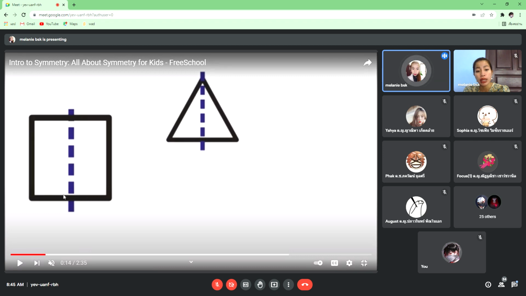This is a vertical line. This is a horizontal line. Vertical line, horizontal line. What do you call this line? A horizontal line. You sure, Sophia?